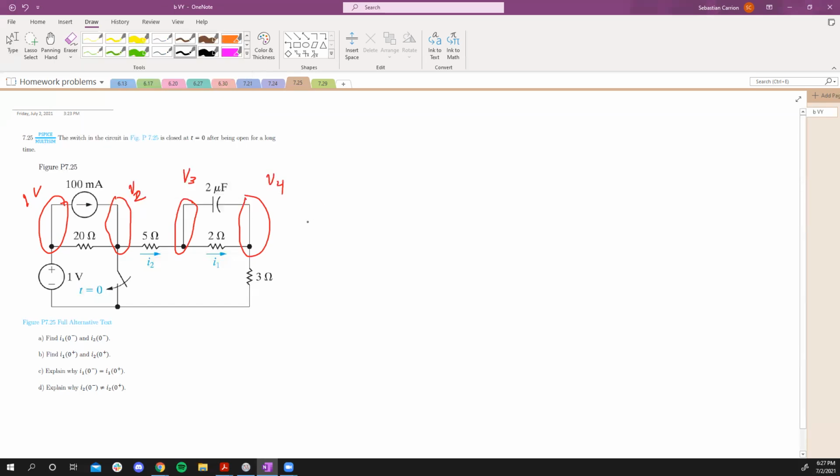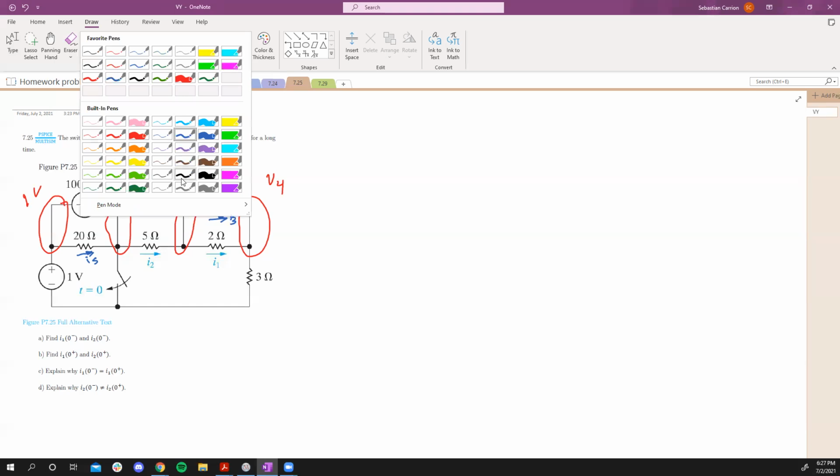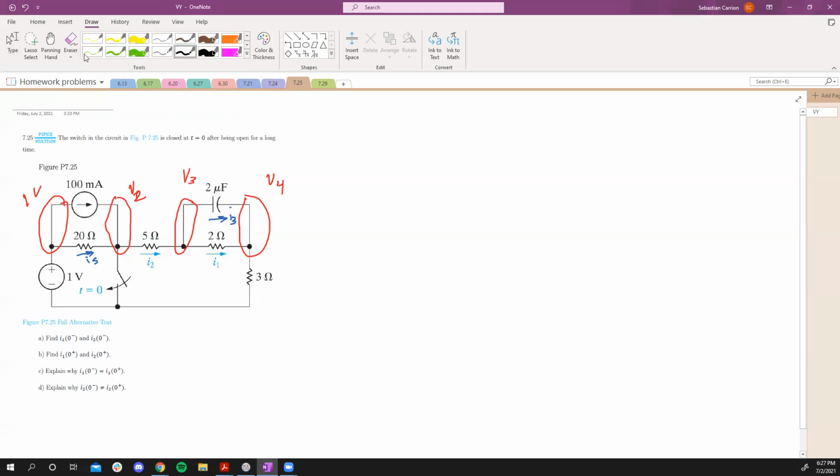Then I would define my current. I'm gonna call this current across here IS, and then I'm gonna call these I3, I4.